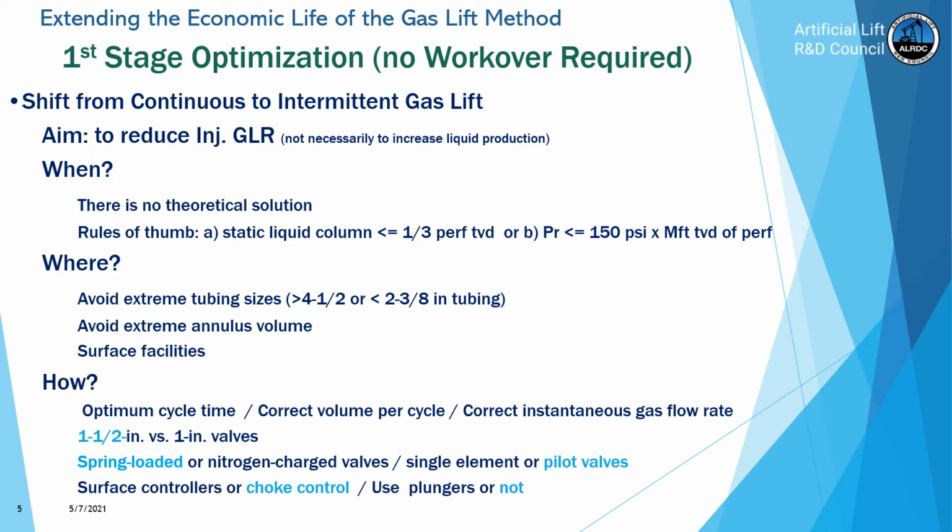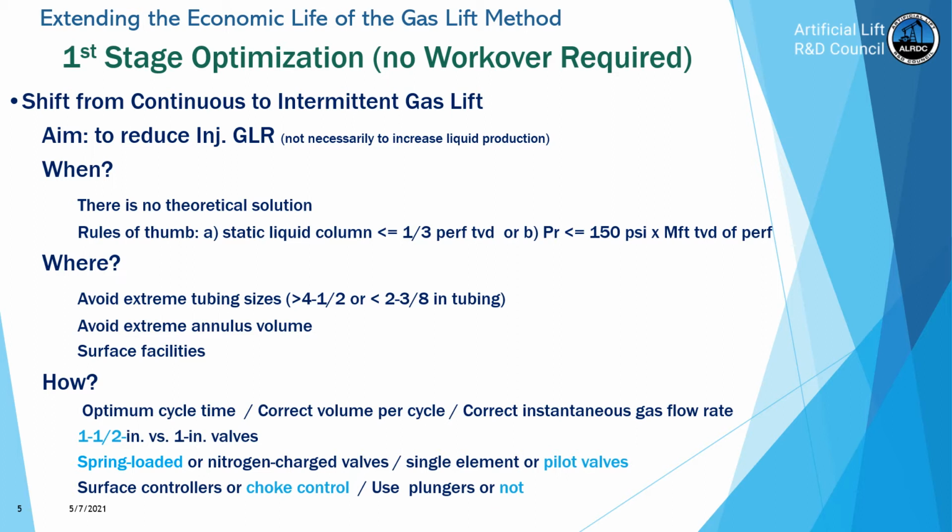It can be 40,000 cycles, and they need to operate without failure. And usually 1.5 inch valve lasts longer than 1 inch valve. The other 2 advantages are: 1.5 inch valve has a wider range of area ratios.